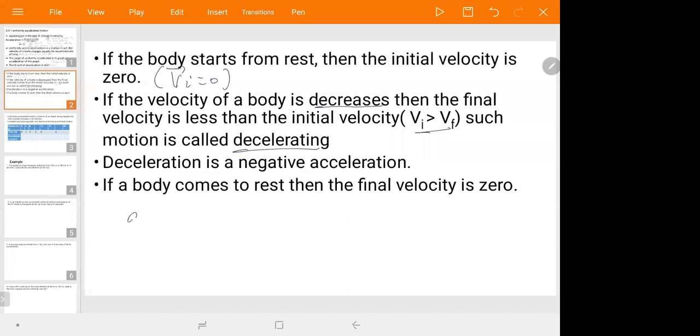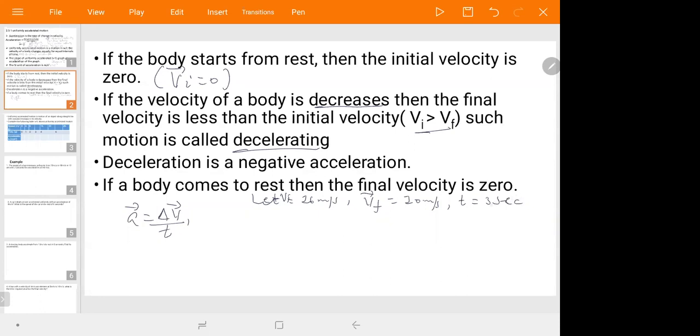Why? For example, acceleration is equal to change in velocity divided by time. Let the initial velocity be 16 meters per second, and the final velocity be 10 meters per second, and the time may be 3 seconds.